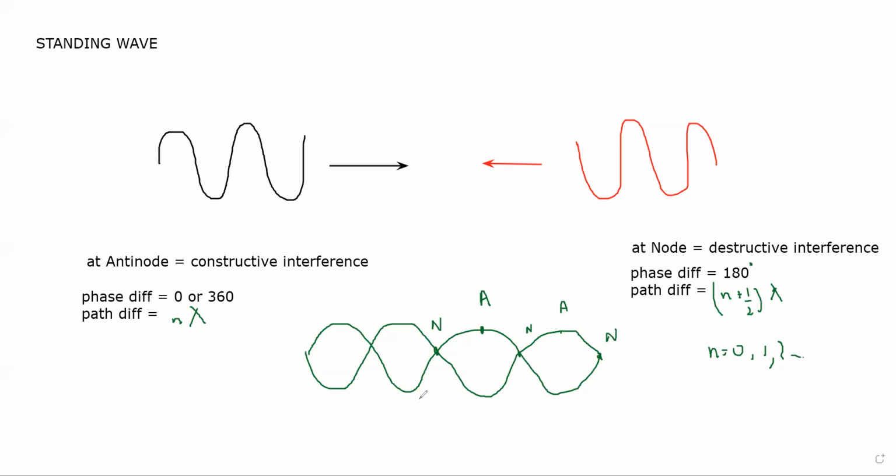So the simple definition of the standing wave: the wave formed by combination of two progressive waves, waves which can change their position, traveling in opposite direction. We call that resultant wave a standing wave.